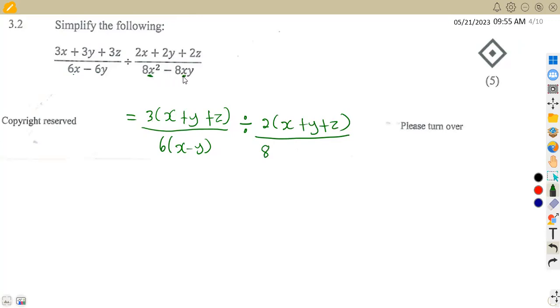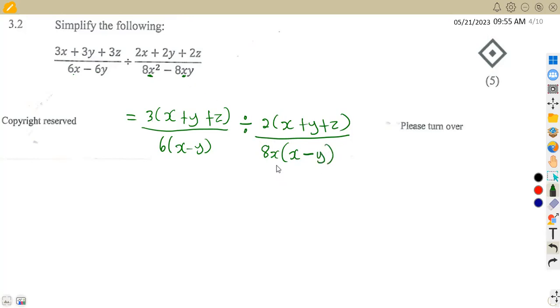The one that has got the smallest power is x, so that's our highest common factor. So if you factor out 8x, that's 8x squared divided by 8x, we remain with x minus 8, and this 8 gives us a negative, because this is a positive, so you get a negative. So 8 and 8 cancel, x and x also cancel, we remain with a y. So this is going to be minus y.